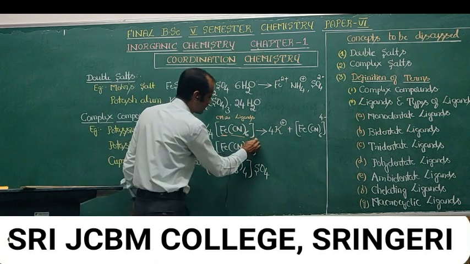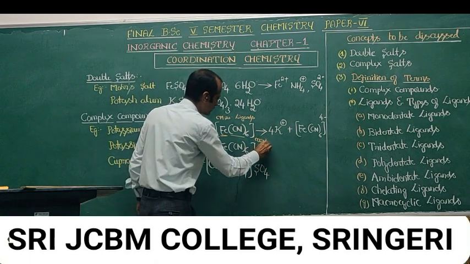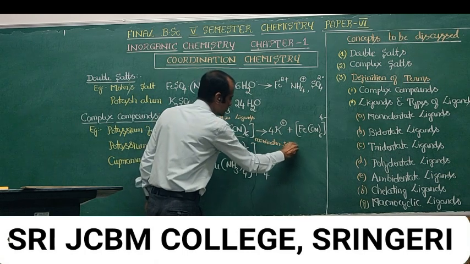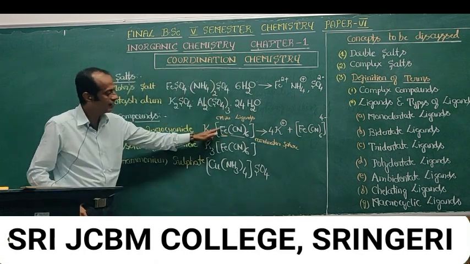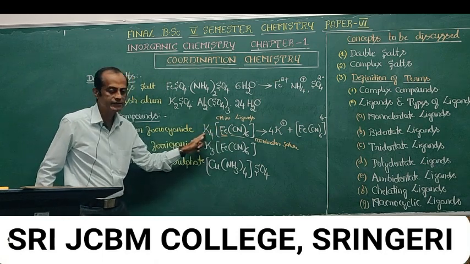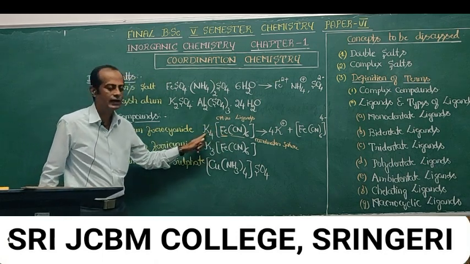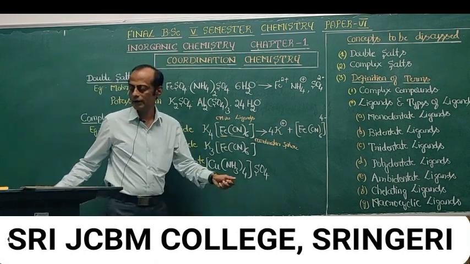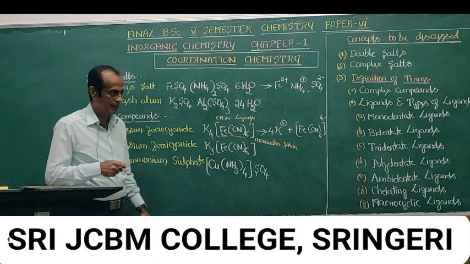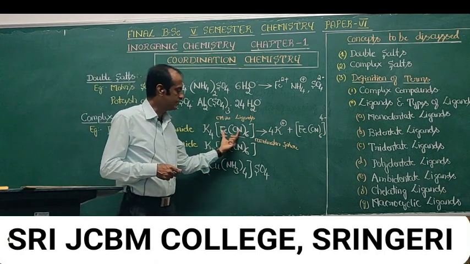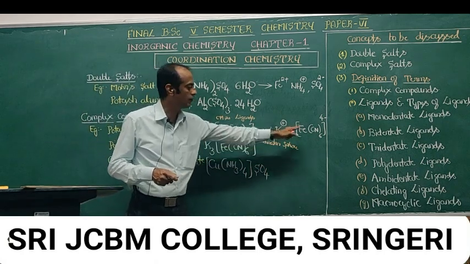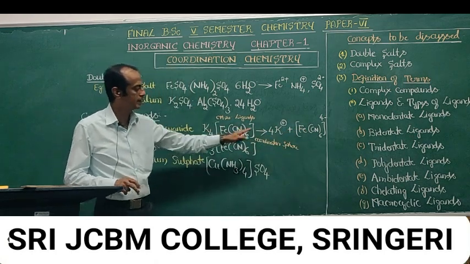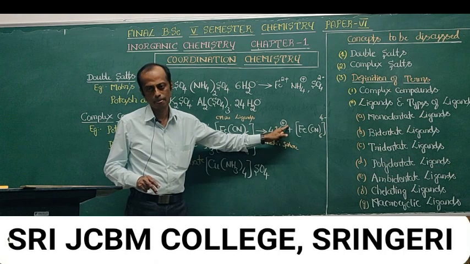It constitutes the coordination sphere. The ion outside the coordination sphere is called the second sphere of attraction. Whenever a coordination compound undergoes ionization, the species inside the coordination sphere form a complex ion, and the ions outside the coordination sphere form a simple ion.